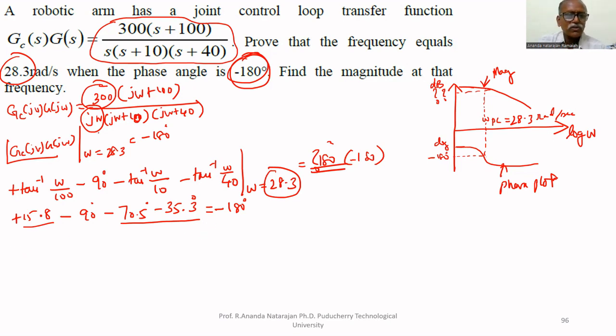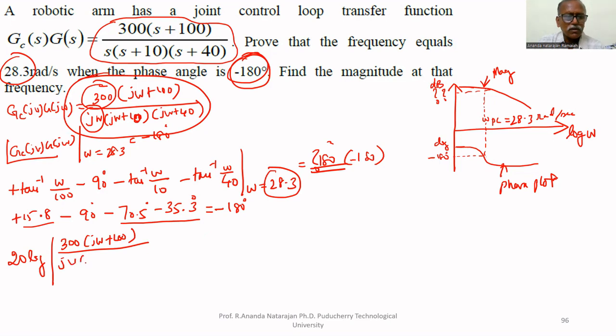To find the magnitude, we have to find the magnitude of this. That is equal to 20 log of 300 times j omega plus 100 upon j omega, j omega plus 10, j omega plus 40.